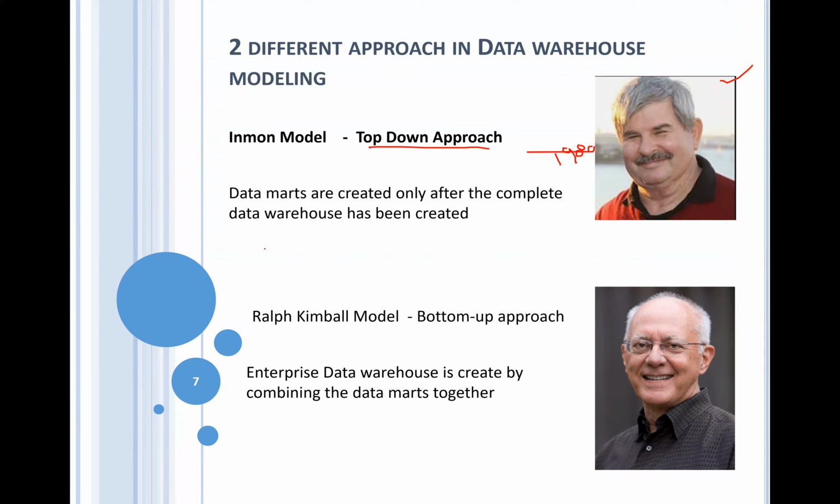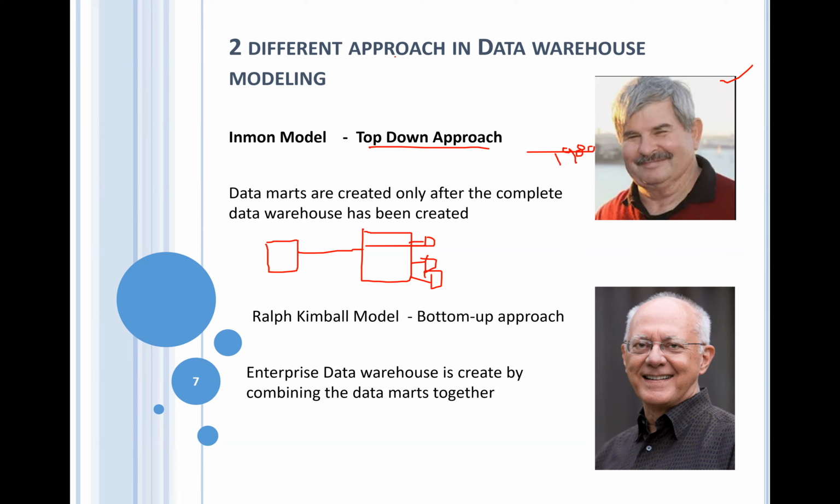So what is top-down approach? For example, if you have the transactional database here, you move the data to the data warehouse here. First you create the data warehouse, you load the data. After that, you create the data mart. So his approach, we will call it the top-down approach.